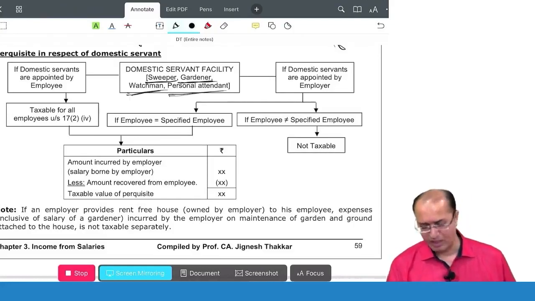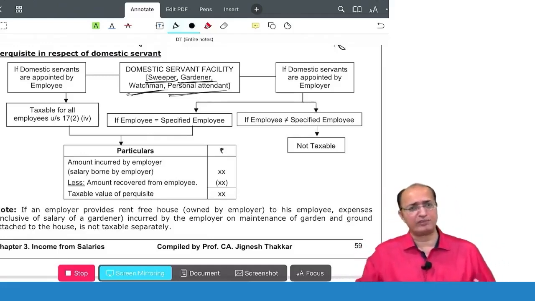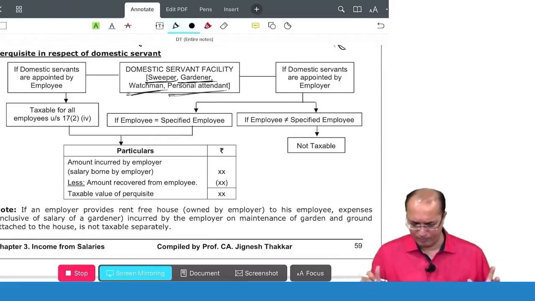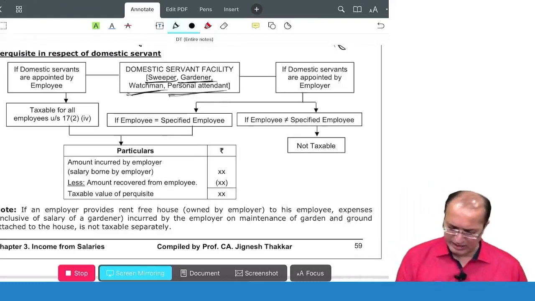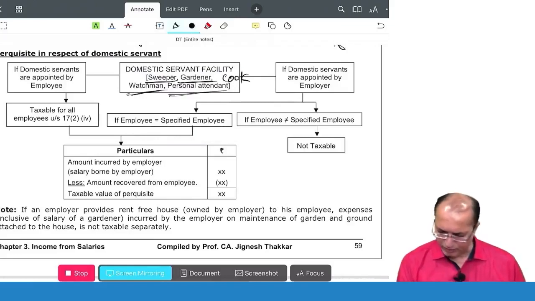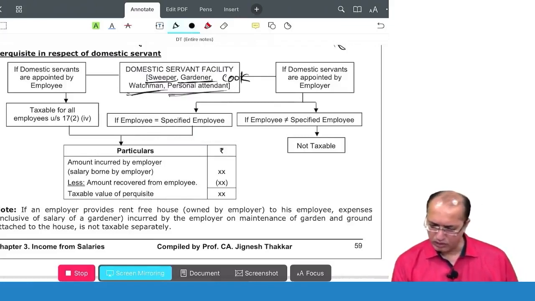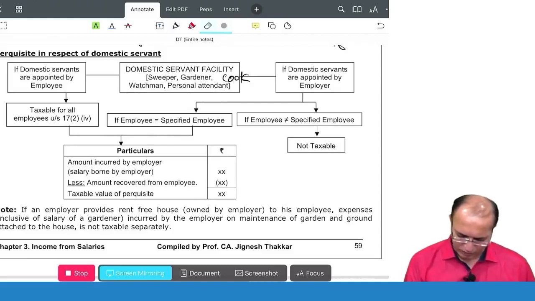Personal attendant, for example, if the employee is a disabled person who will always be on a wheelchair, there might be some person along with him to support him at any point of time. So the employer has hired that person. That person is called a personal attendant. He is also a domestic servant. Besides this, cook, the person who is making food for you, is also a domestic servant.